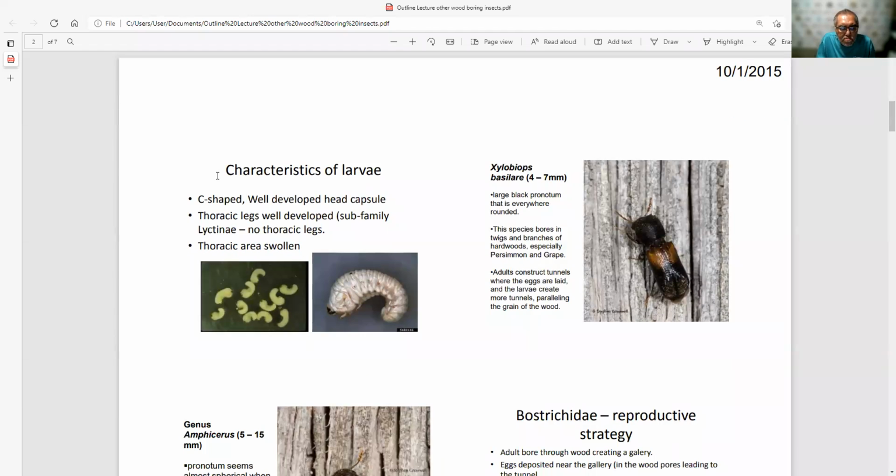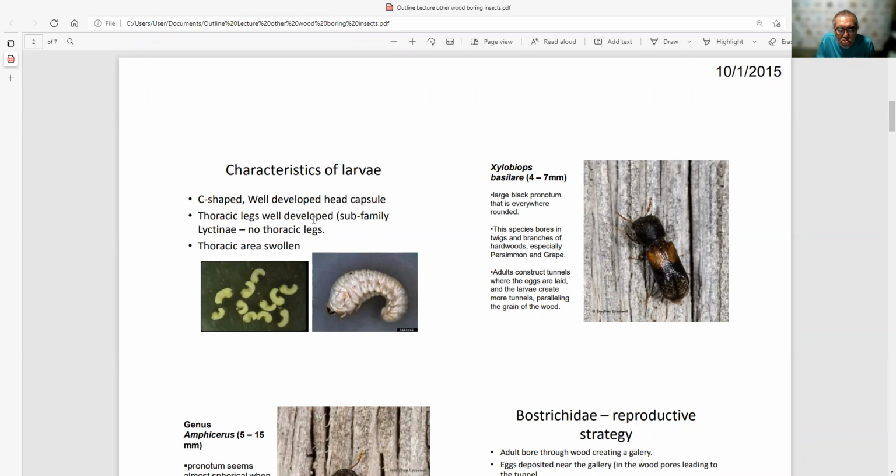It is C-shaped, like this in the picture. Well-developed head capsule. They have a head capsule. So nampak prominent, nampak menonjol begini. They have a prominent head capsule. Thoracic legs well-developed. These are false legs.